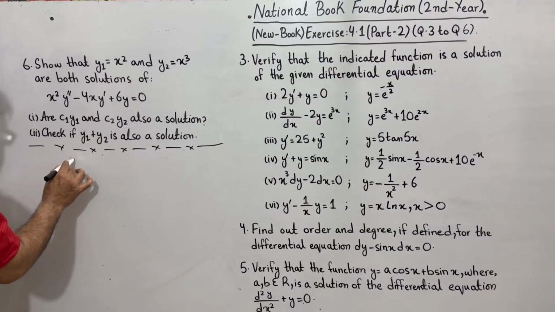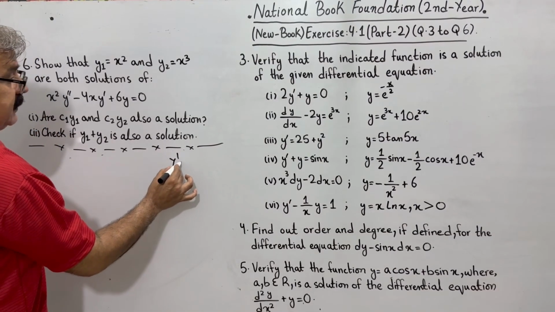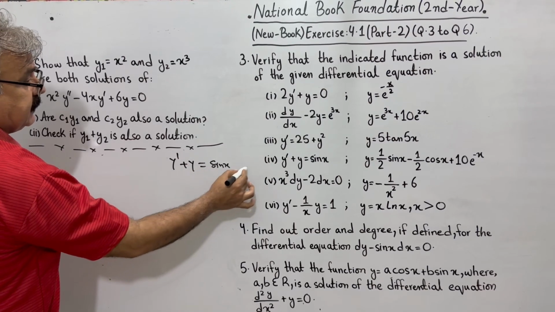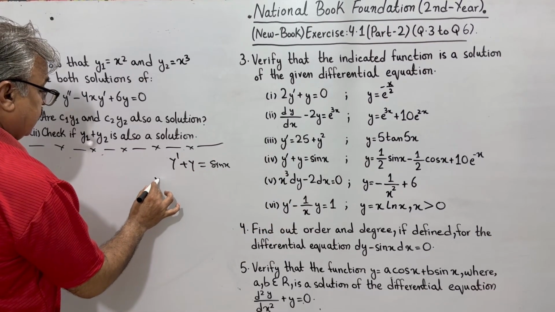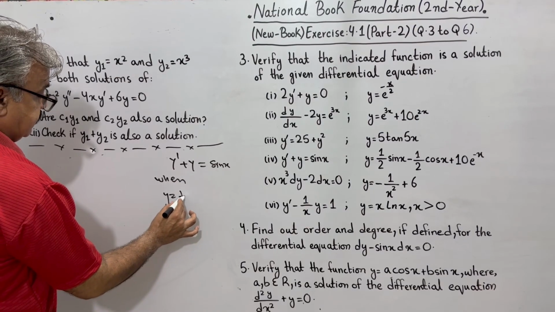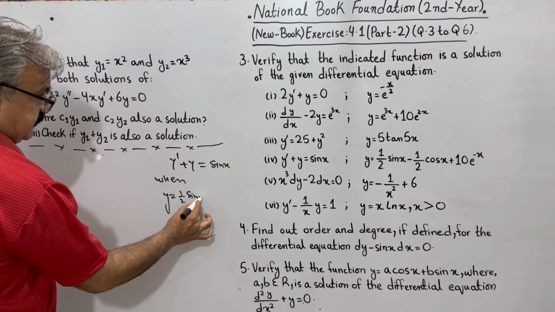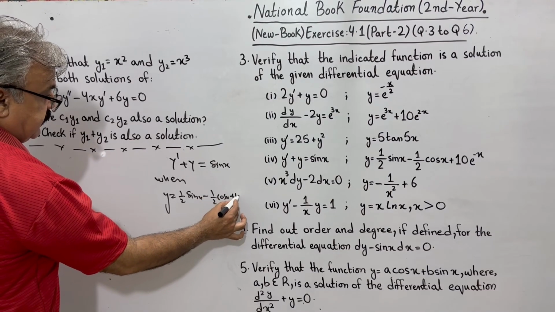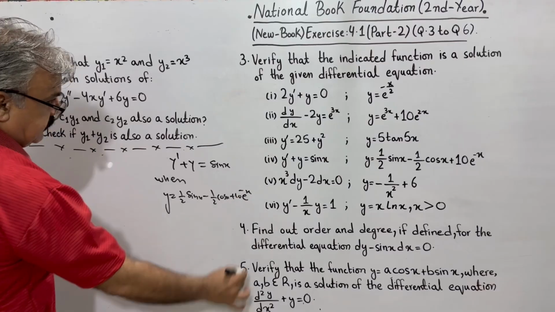We have to prove y dash plus y is equal to sin x, when y is given to us: y is half sin x negative half cos x plus 10 times e raised minus x.